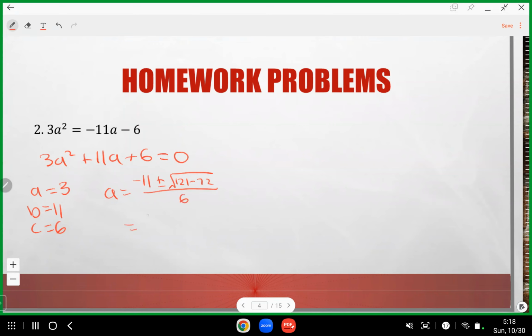And that is negative 11 plus or minus the square root of 49, over 6. Then it is negative 11 plus or minus 7, over 6.